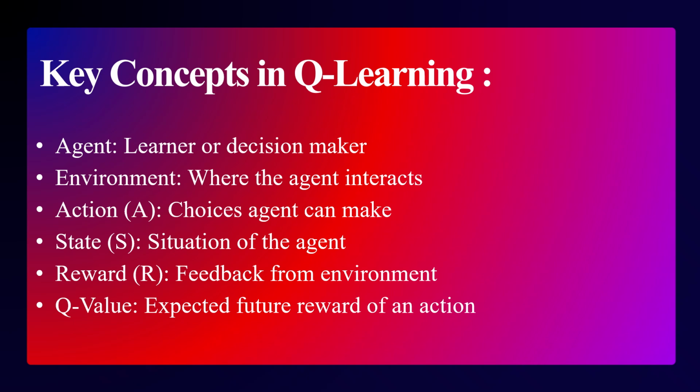Action is what the agent can do. Fifth, reward. Reward is the feedback the agent gets. And last one is Q value. Q value is a number that shows how good a certain action is in a given state. The agent uses all of this to make a smart decision.